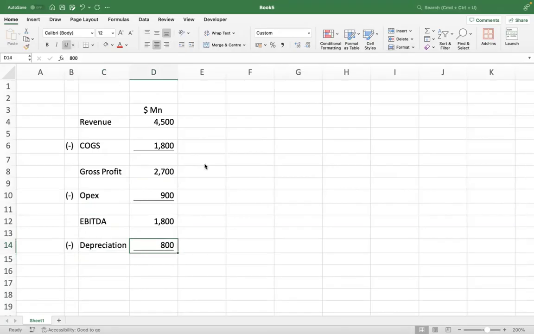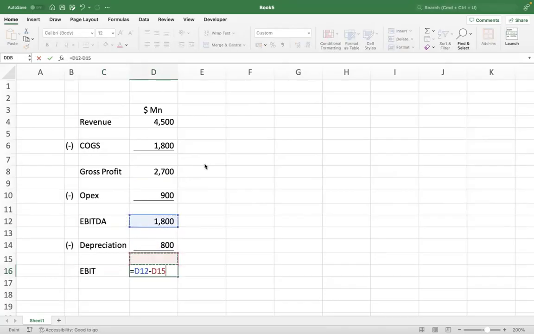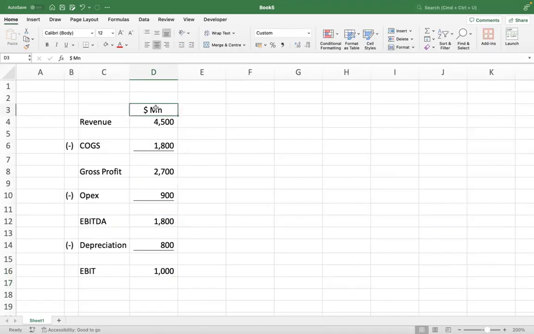Assuming this is a capital intensive firm, you arrive at EBIT. EBIT is earnings before interest and taxes. In this case, it comes to be $1,000 million.